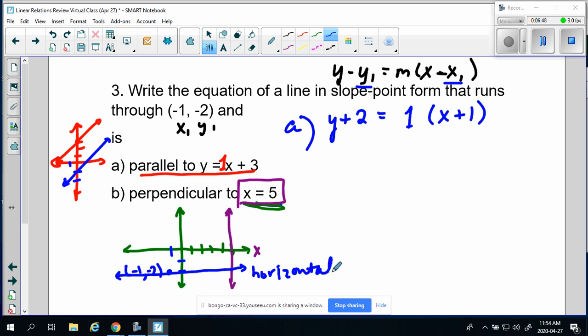So we're looking for a horizontal line that runs through this point. So remember that the format of a horizontal line is y equals something. And what does that y equal? Well, what does the y equal here? It's -2.